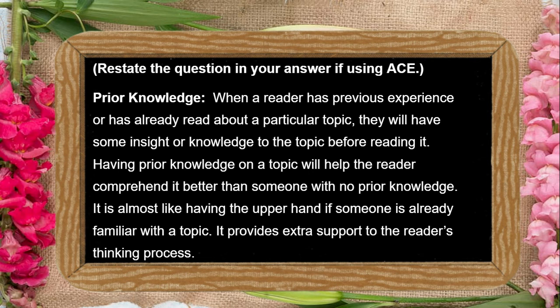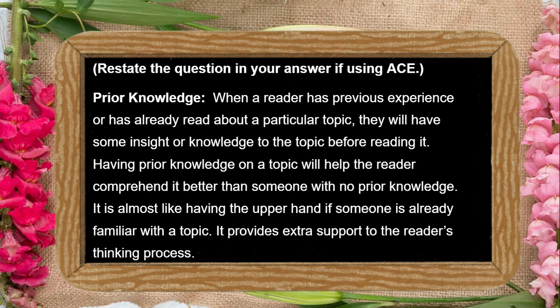Using prior knowledge. When a reader has previous experience or has already read about a particular topic, they will have some insight or knowledge to the topic before reading it. Having prior knowledge on a topic will help the reader comprehend it better than someone with no prior knowledge. It is almost like having the upper hand if someone is already familiar with a topic.